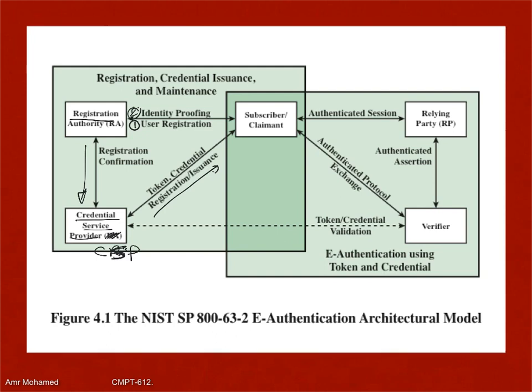So I can make these credentials in any way, shape, or form. In some cases, I can ask you for your fingerprint or your iris. Now that your identity is proved, I can create credentials for you, which you can use to access this system later on.